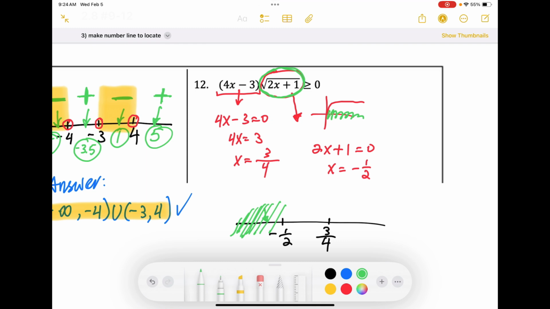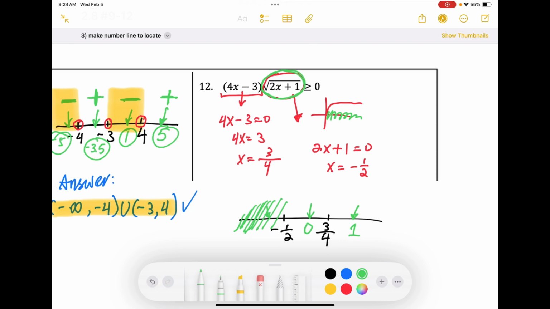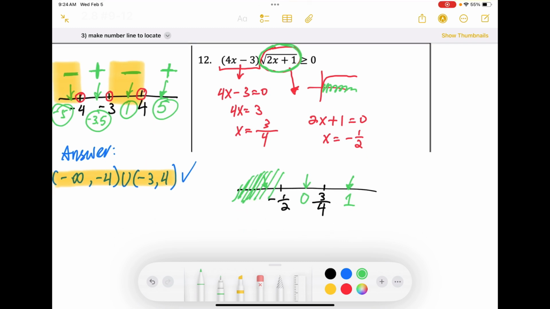All right, can I pick some number in between? Yes, I'm going to choose 0. And can I pick some number bigger than 3/4? I'm going to pick 1. So let's check the positive and negative. When you plug 0 into your original, 4 times 0 is 0, 0 minus 3 is negative, and negative times the square root.